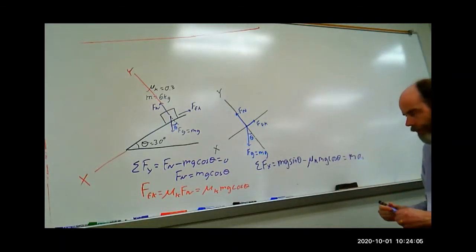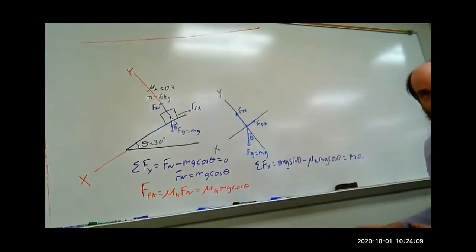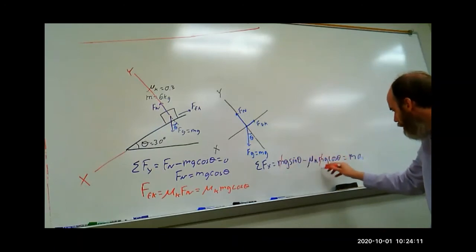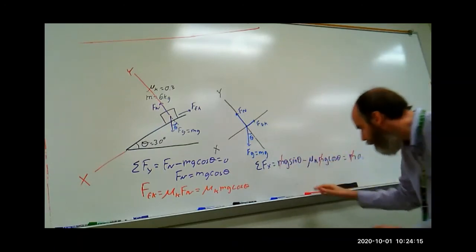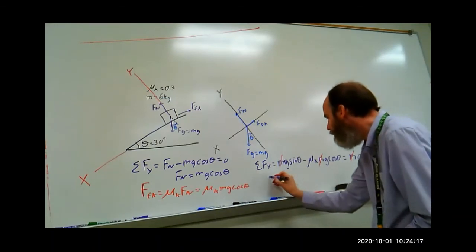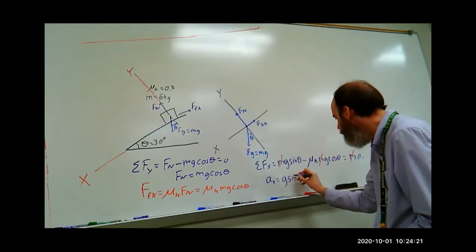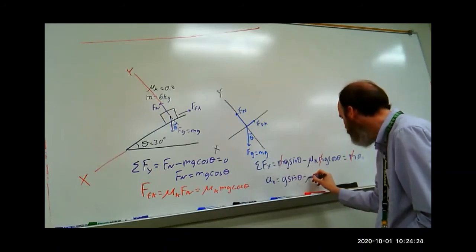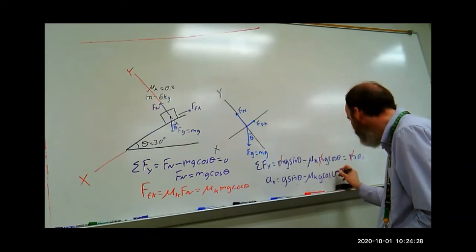So it equals max. Now you can see the m's cancel out. Every term has an m. So we solve for ax. So ax equals g sine theta minus μk g cos theta.